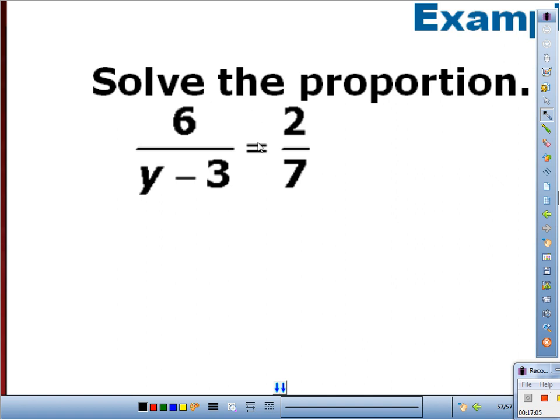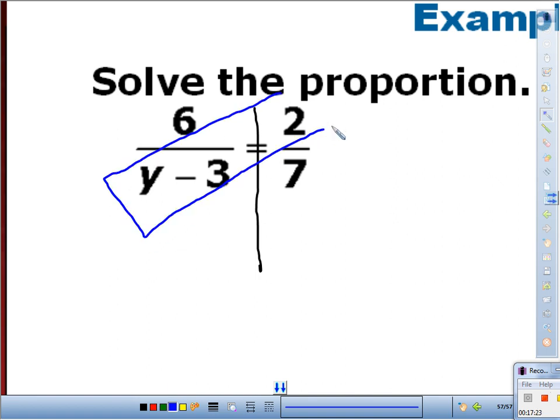Hold on. Let me get you started. There you go. All right. Hazel, what shall we do? Where do I start? With a variable. So I cross multiply this way. So tell me what to write. Hands if you got that.